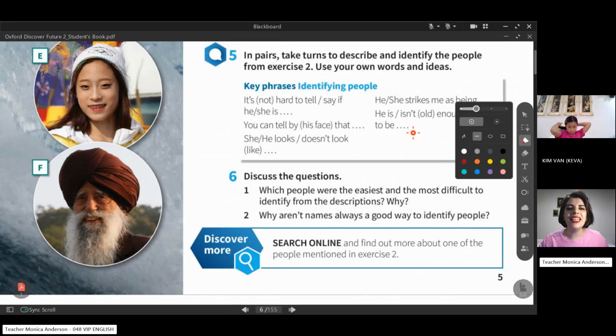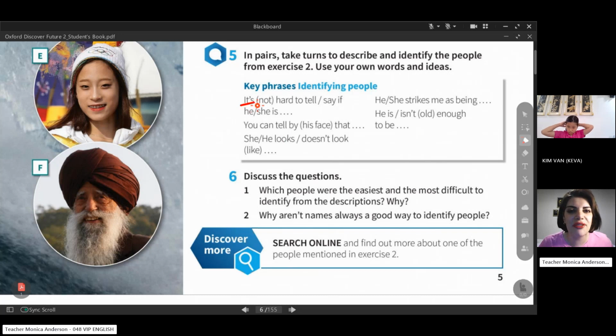Okay, now let's have a look at these phrases. You can use these phrases to identify people. For example, you can say, it's hard to say if she is tall and blonde. So you can begin your sentence this way.